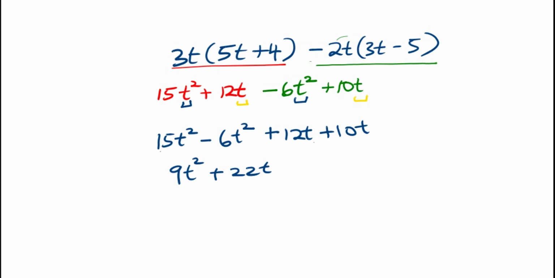So 12 oranges plus 10 oranges will give me 22 oranges. So 12t plus 10t must give me 22t. I'm pretending that t is orange. Okay, so that is what we do. So this then becomes our final answer. It is expanded from the expression given to us and it has been simplified.